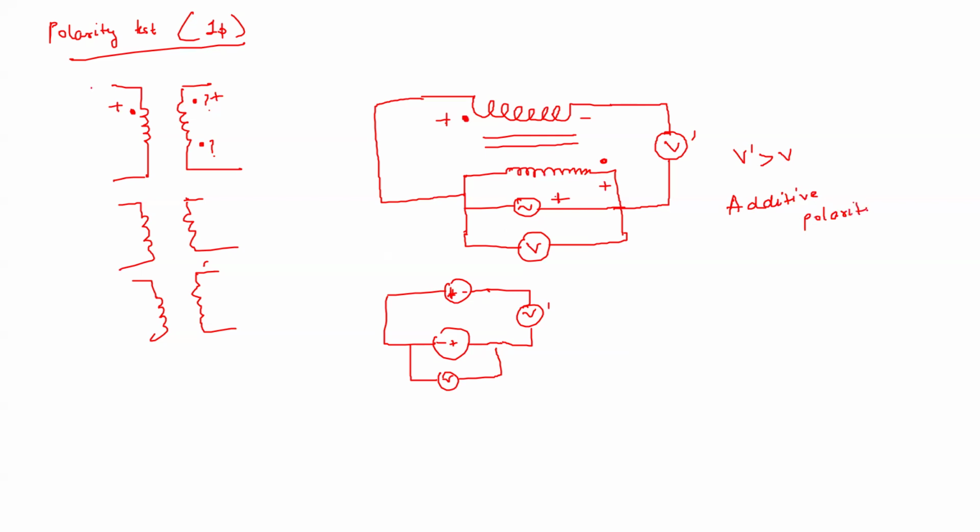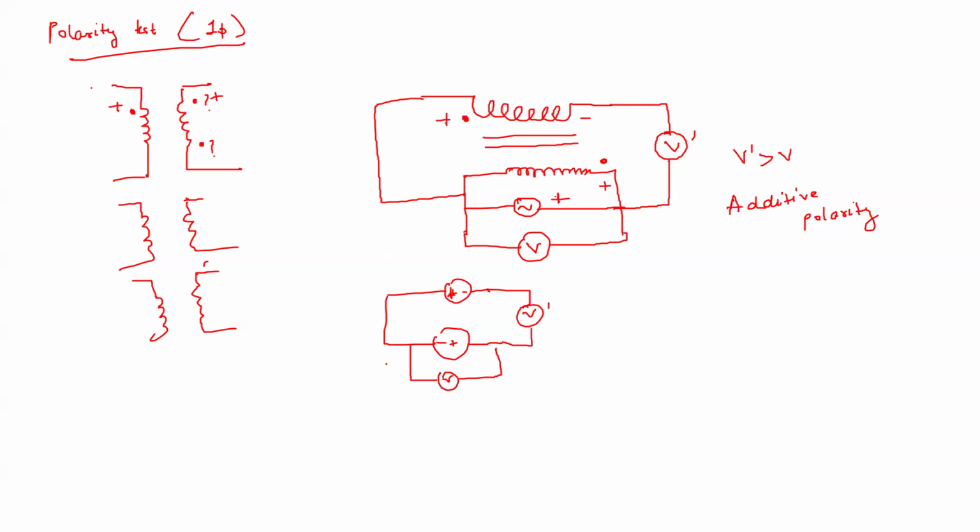If this V dash reading of the series combination sees a voltage more than the individual winding voltage, then the two series connected windings are in additive polarity. This is how we can see the location of this dot.